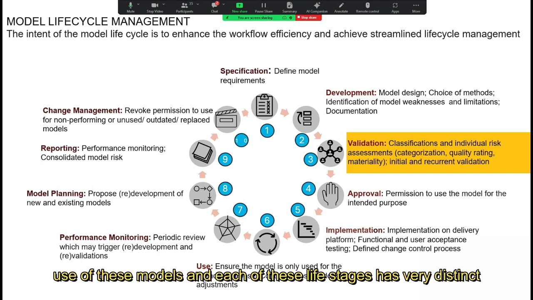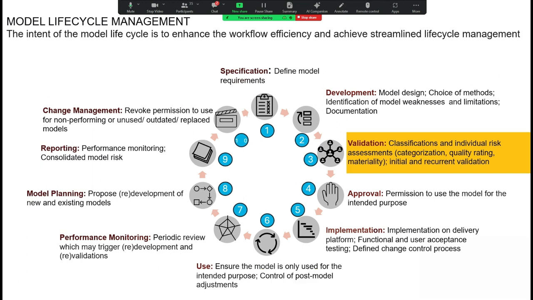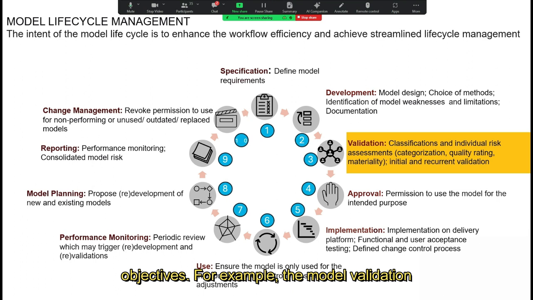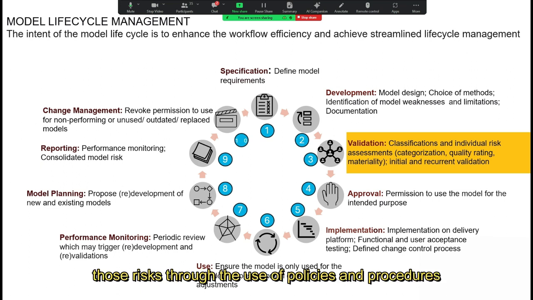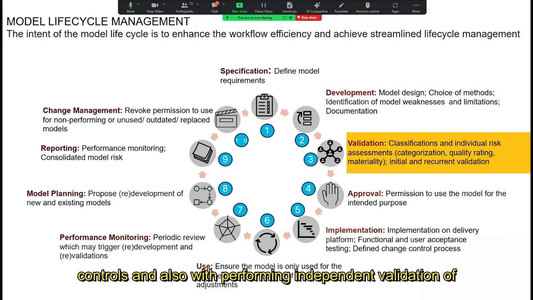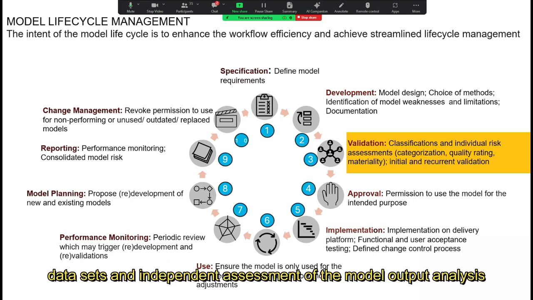use of these models. And each of these life stages has very distinct objectives. For example, model validation, and we'll talk about it in more detail later on, is specifically responsible for classifying risks that are present within the overall structure of model development, mitigating those risks through the use of policies and procedures, controls, and also performing independent validation of data sets and independent assessment of the model output analysis.